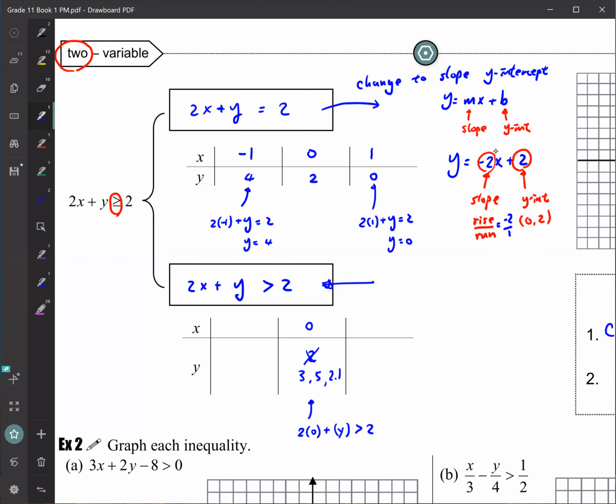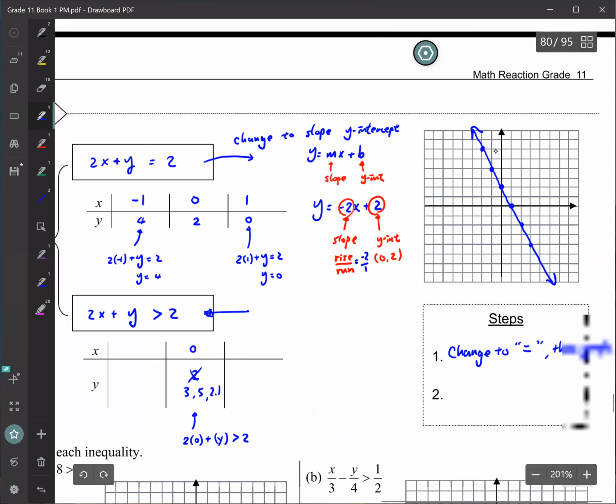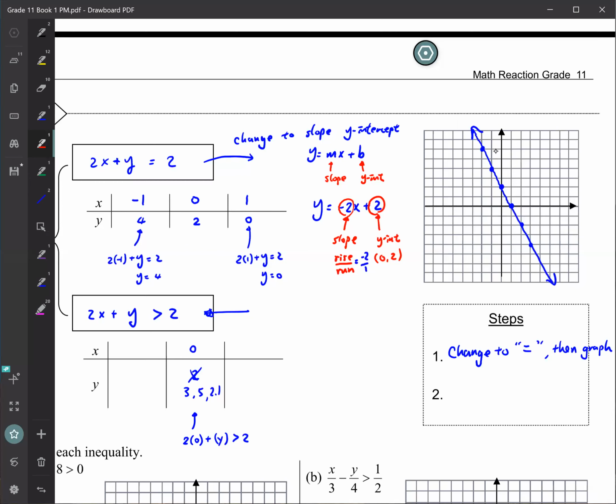So if I plot that into the graph, 0, 3 will be here. 0, 5 will be here, 0 and 2.1 will be here. So anything bigger than 2, so everything above. So all these are answers, okay?